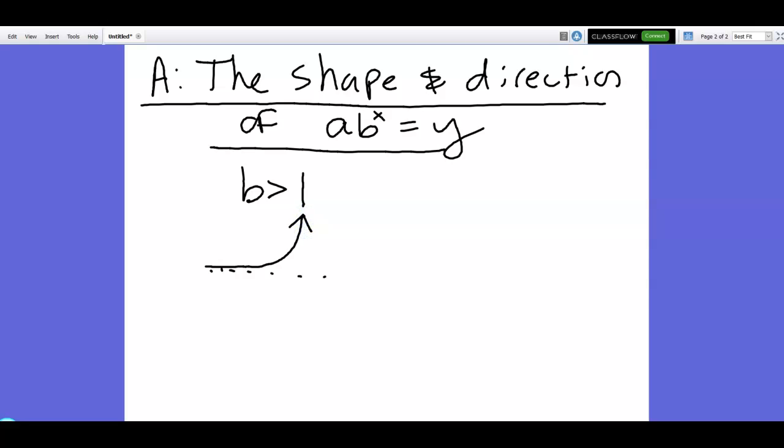And then we've said that if b is between 0 and 1, the graph looks like this. I'll wait till you guys finish writing there. Okay.